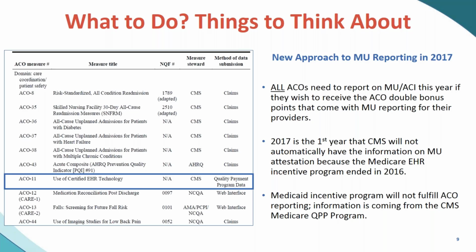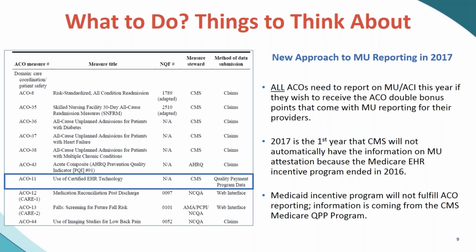The graphic here on the left side of the page actually is taken straight from a CMS information piece about ACO reporting, and it is ACO metric 11, uses certified EHR technology. And if you track that to the right-hand side of that box, you'll see that the information is supposed to come from the Quality Payment Program data. This is the new MIPS reporting.